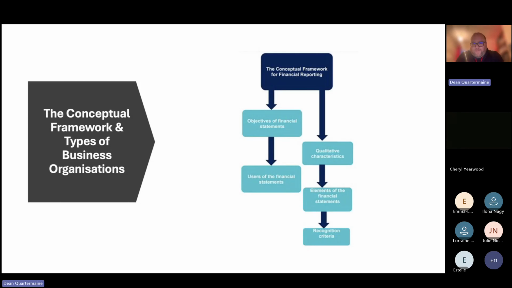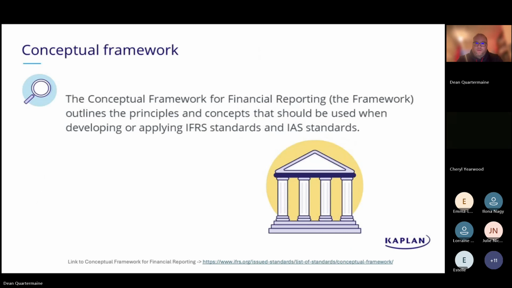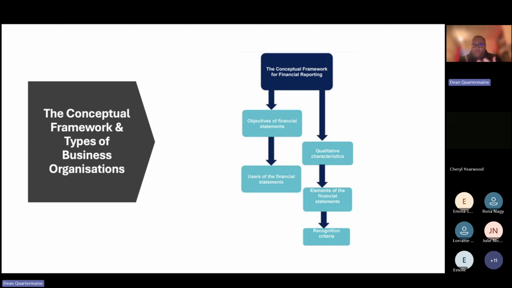Right then, the conceptual framework for financial reporting. So we're going to have a quick look at that and then finally move on to different types of business organisations. So some of the things I want to look at in this part are around the objectives of financial statements. So why do we produce financial statements? What's the overall objective? Just explore a little bit around some of the users of financial statements and why they would use financial statements.